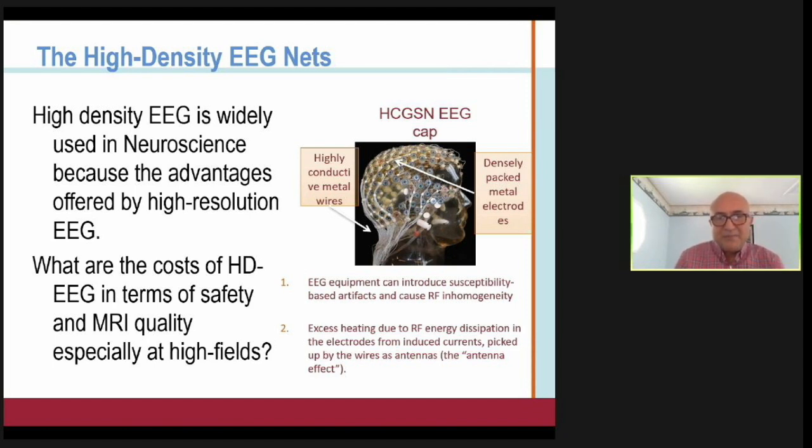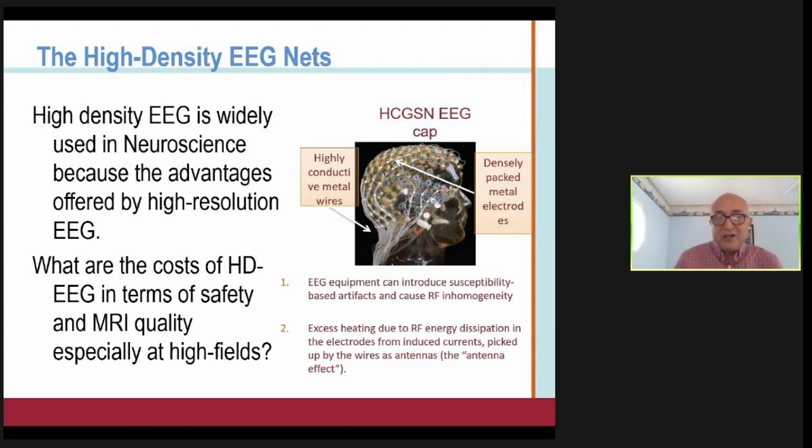Basically, these electrodes are very packed together. The electrodes contain a lot of metal, and they're connected to the amplifier through wires. So the metal in the electrodes and in the wires can produce susceptibility artifacts on the MRI, especially in high fields, and can produce RF inhomogeneities.